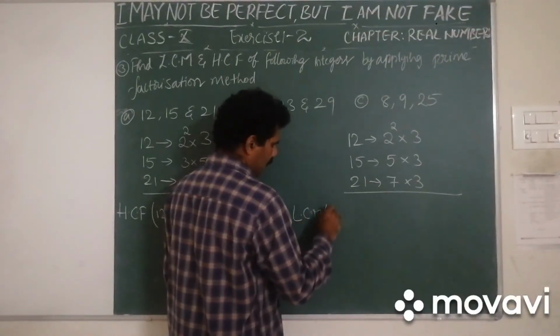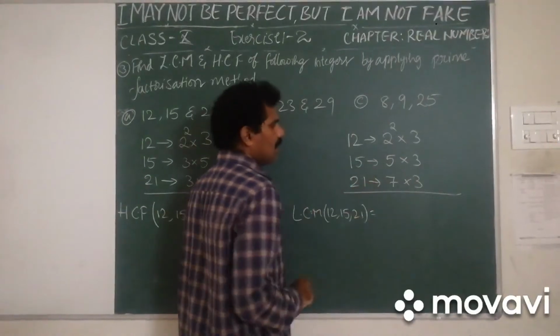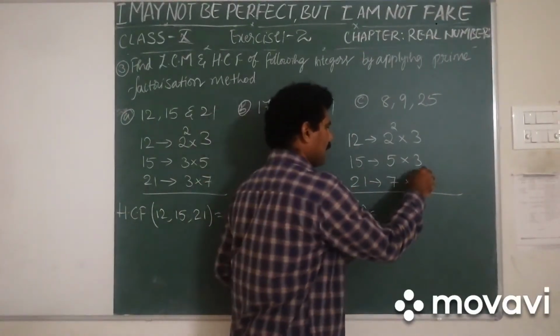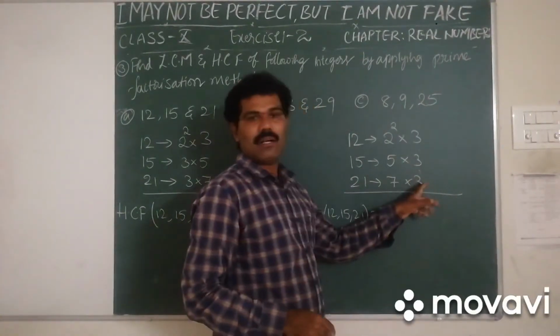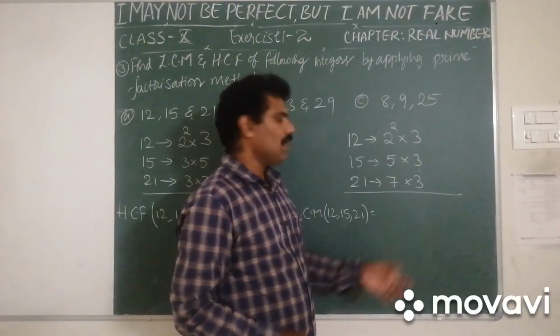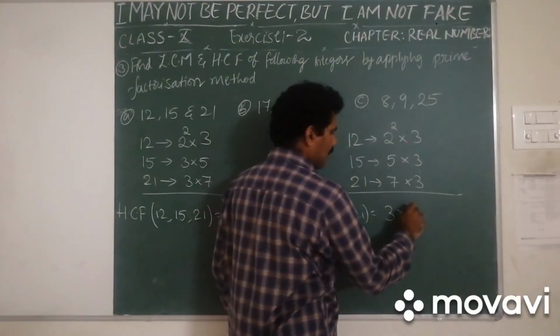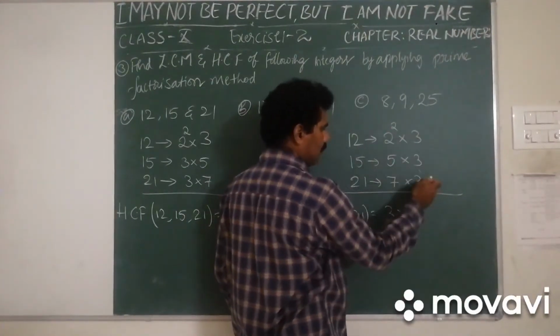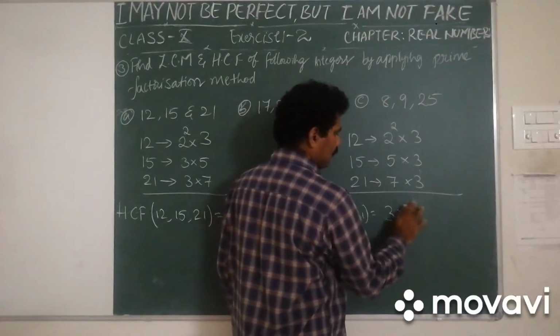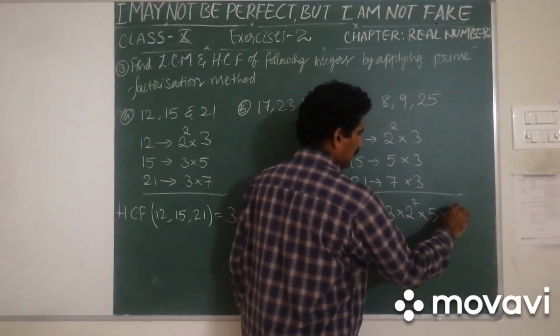For the LCM of 12, 15 and 21, we have to take the factors with maximum power. Here the powers are the same, so we take 3 as it is, and the rest of the values we take too. So apart from 3, we have 2 to the power of 2 into 5 into 7.